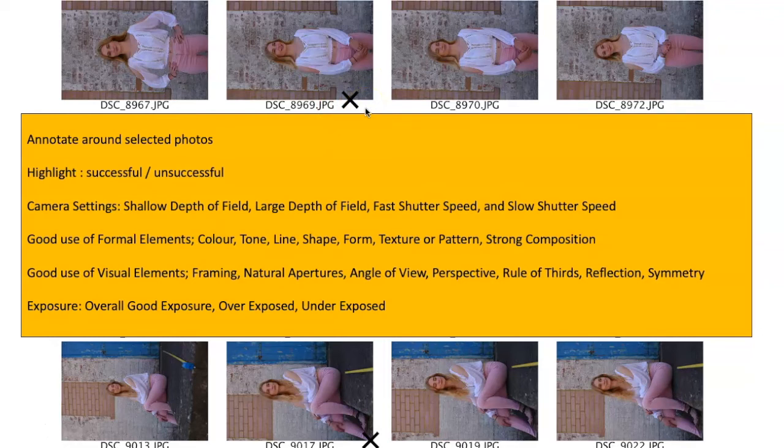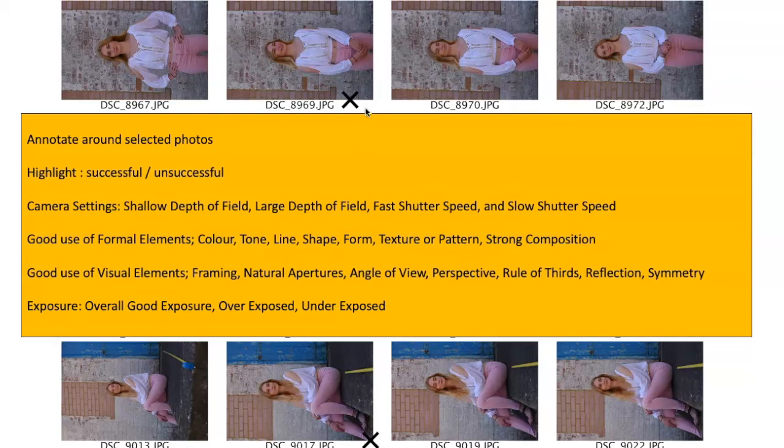And then you need to mark and write around your pictures about the camera settings. So if you've used the shallow depth of field, mention that. Use the keywords shallow depth of field, large depth of field. Did you use a fast shutter speed or a slow shutter speed? Always refer back to the formal elements.